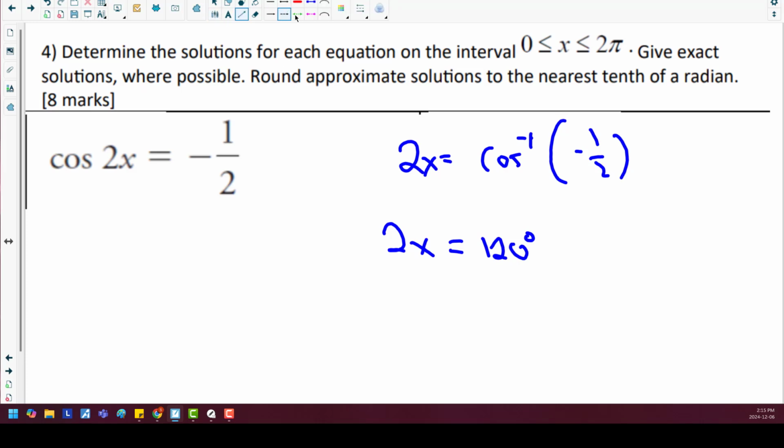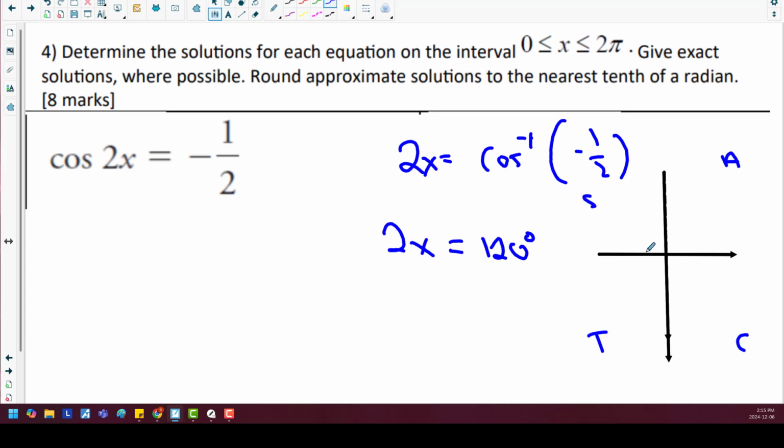And at this point, I'm going to draw our diagram to illustrate what's going on. C-A-S-T. We know that this is cos, and we know that the ratio is negative.